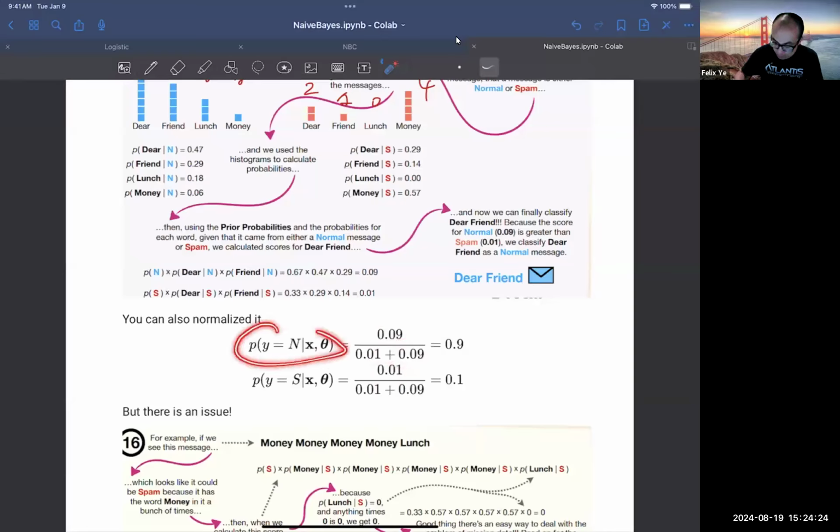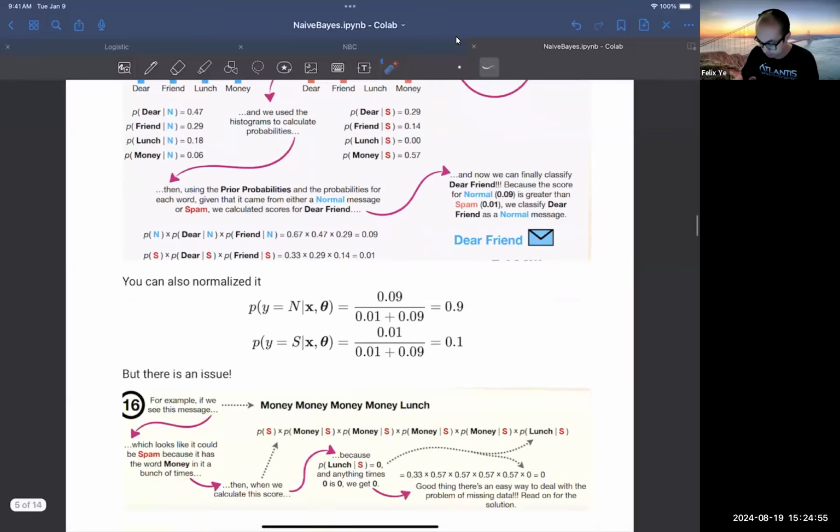As a result, given these features, the probability that y is normal is 0.9, and the probability that y is spam is 0.1. Obviously 0.9 is bigger than 0.1, so we claim this is a normal message.